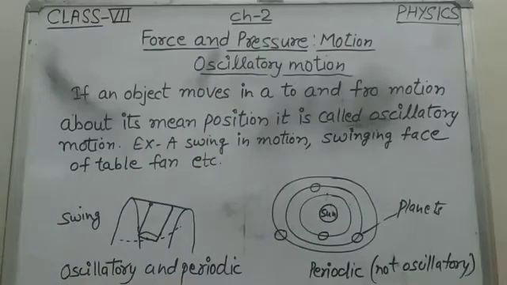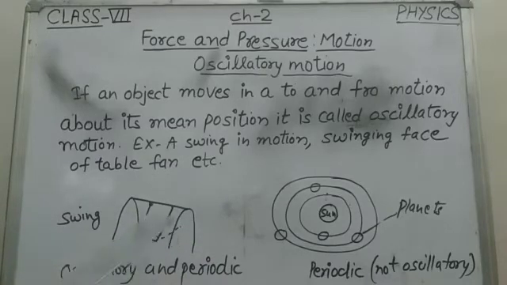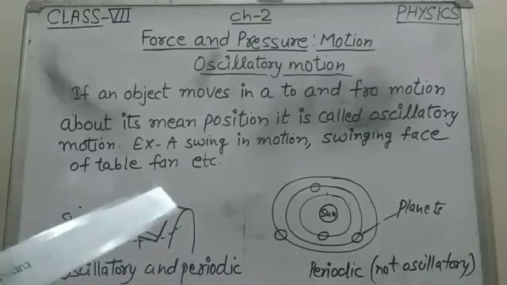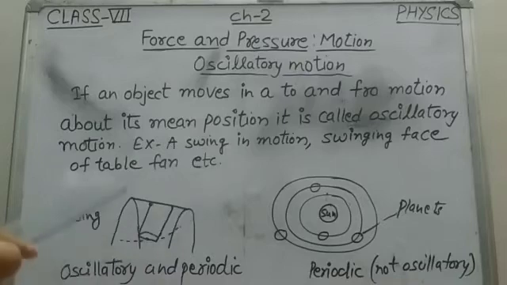Now, please note, all oscillatory motions are periodic in nature, but all periodic motions need not be oscillatory. I'll clear it for you. Just see. This is an example of a swing. This is oscillatory motion as well as periodic motion, because, as I have just told you, the period of oscillation of a pendulum is constant.